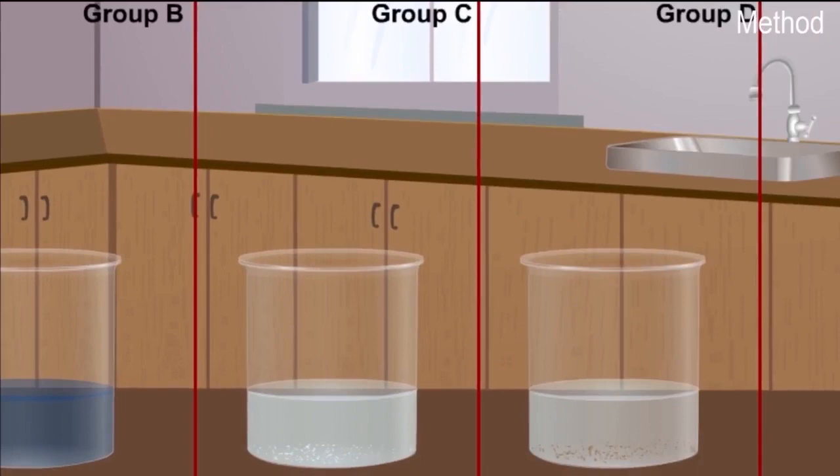The water in the beaker has a slight milky color. Whereas in case of group D, the sand settles at the base of the beaker but common salt dissolves. This suggests that the mixtures formed in C and D are heterogeneous in nature, that is, they do not have the same composition throughout. This example shows you the different types of mixture.